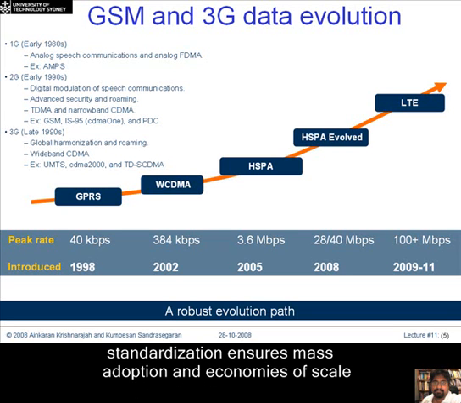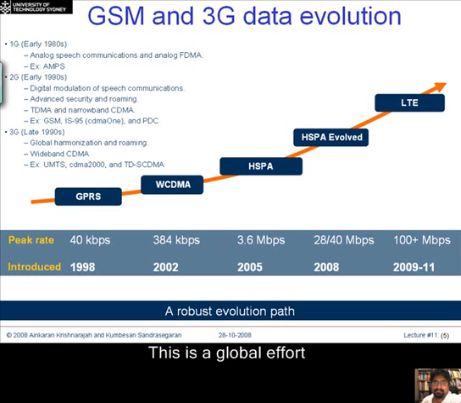HSPA maybe 3.6 megabits per second, and so forth. So the projection is that by the time we get to LTE by 2011, data rates of about 100 megabits per second should be possible. And that's what the standard bodies are working towards.